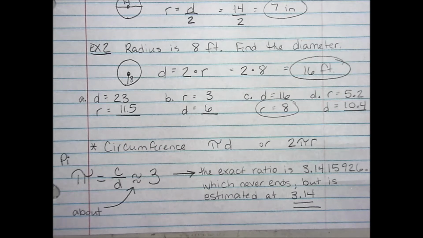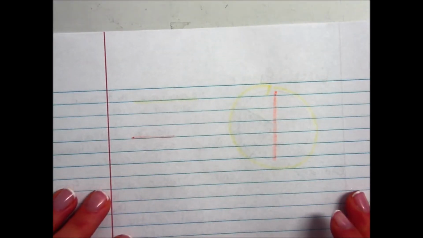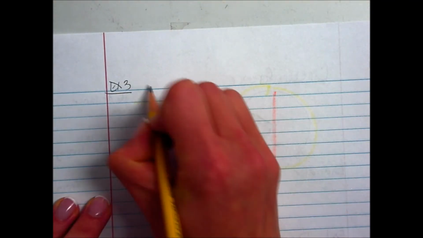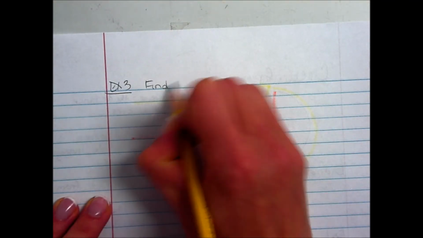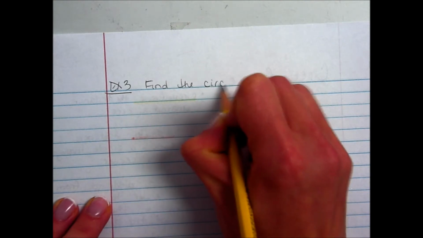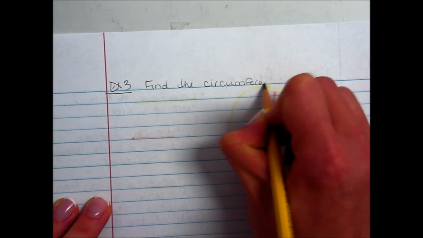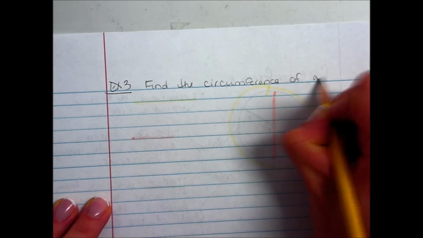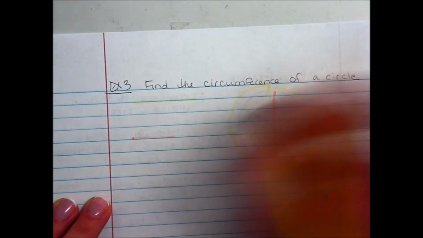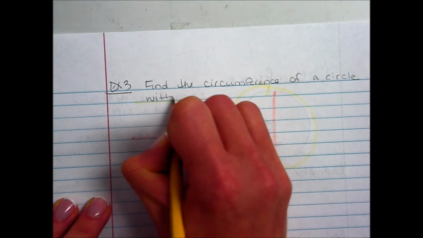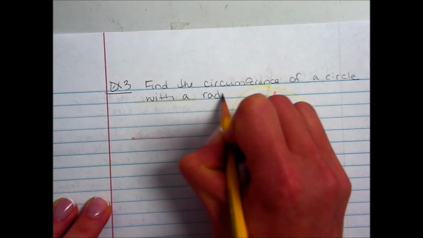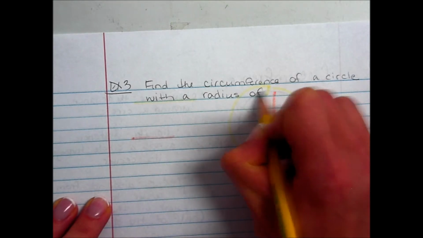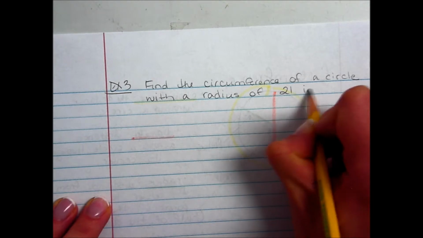Okay, so now let's practice finding circumference. Let's find the circumference of a circle with a radius of 21 inches.